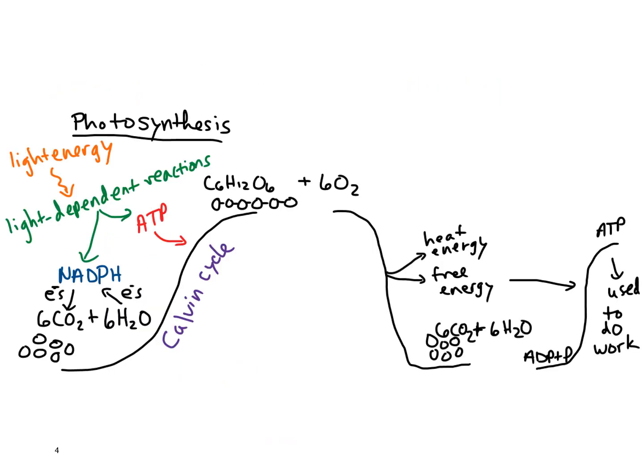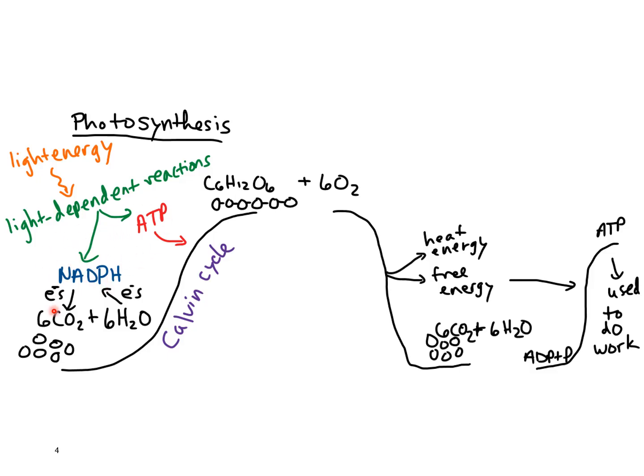So here's just a nice overview of photosynthesis. And we start over here with the light energy. And we're going to start first with our light-dependent reactions. So they always have to occur first. And so light-dependent reactions are going to capture the light energy and convert that light energy into the chemical energy of ATP and also into our electron carrier NADPH.